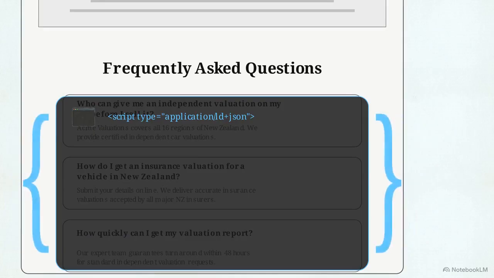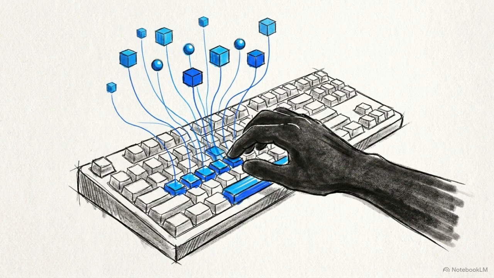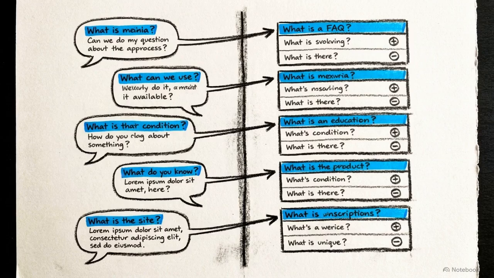Then, we wrap these question and answer pairs in FAQ schema code so the bots know exactly how to read them. The phrasing here requires precision. Avoid traditional keyword stuffing. You need to write the questions exactly how a person naturally types a prompt into a conversational AI assistant, like, "How do I get an insurance valuation for a vehicle in New Zealand?"